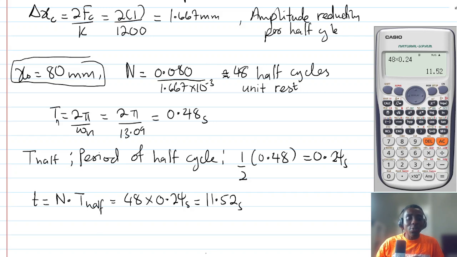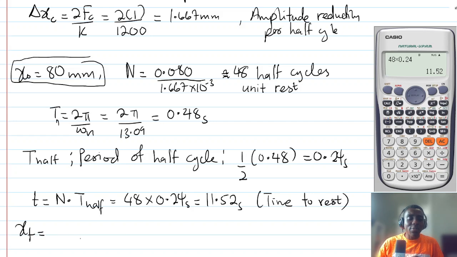But then what is the displacement at that point in time? To calculate the displacement at that point in time, you are going to use the formula for the final displacement, at the time to rest.